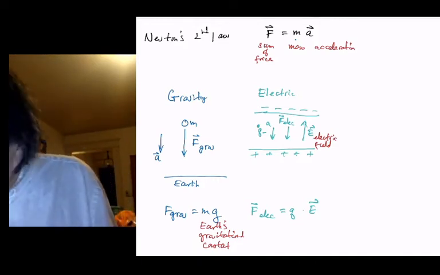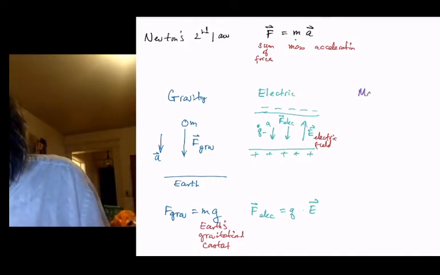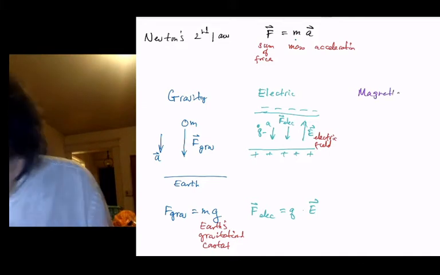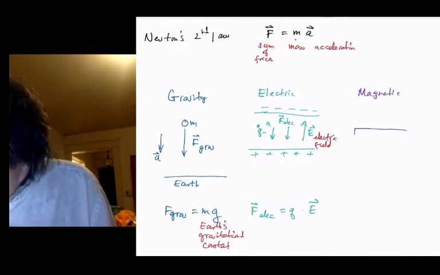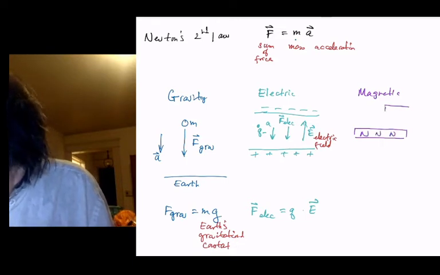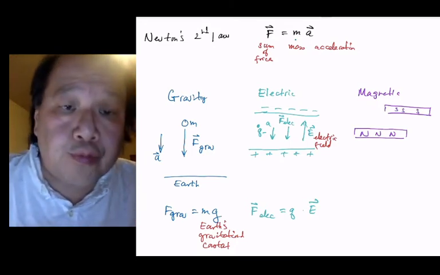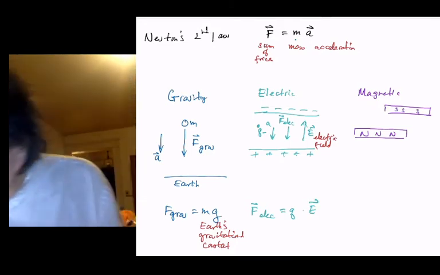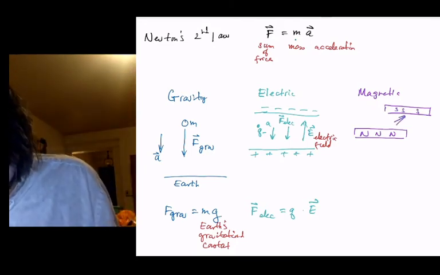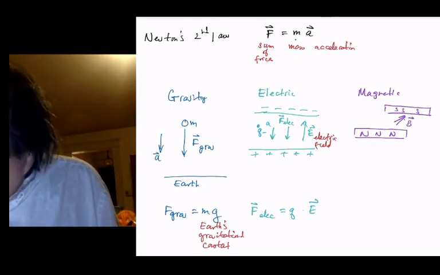And the third force is the most interesting in many ways, is the magnetic force. And it's between a north pole, let's make it a uniform north pole, and a uniform south pole. And between a uniform north pole and south pole, there's something that's called the magnetic field.